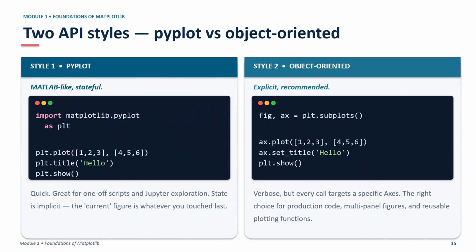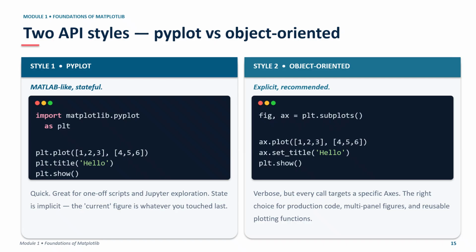And this is a very important conceptual slide about Matplotlib. It has two API styles mainly: the pyplot style versus the object-oriented one. Pyplot is the older, MATLAB-style approach.